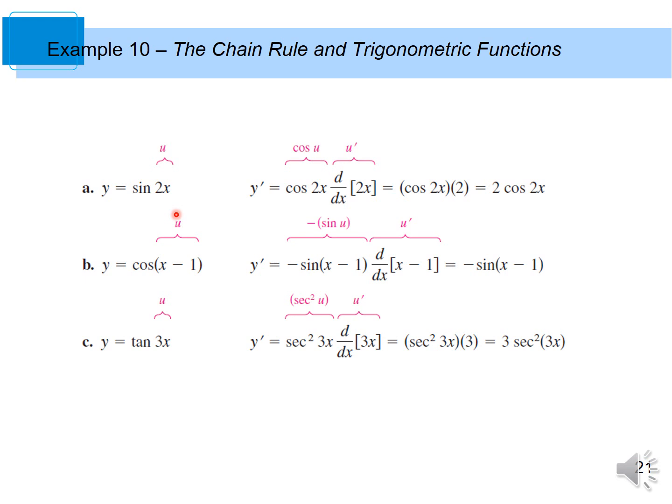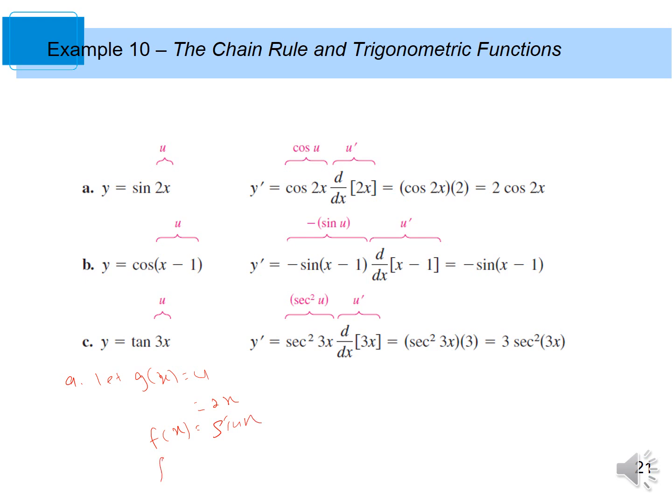So why do I say this function is a composite function? Look at part a. I can let my g(x) function or u equal to 2x, and my outer function f(x) equal to sine x.